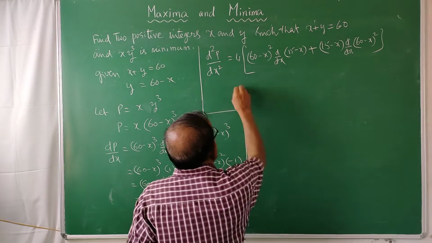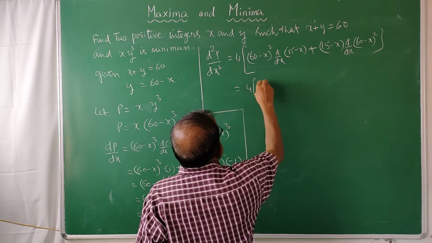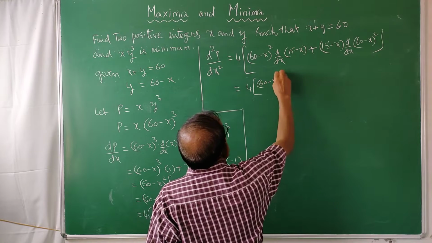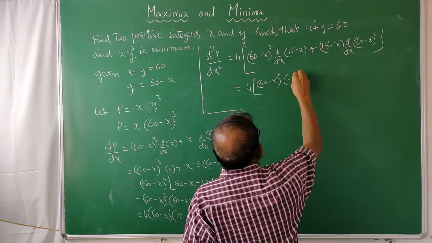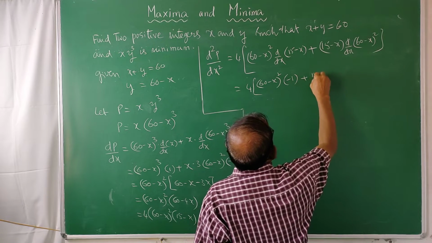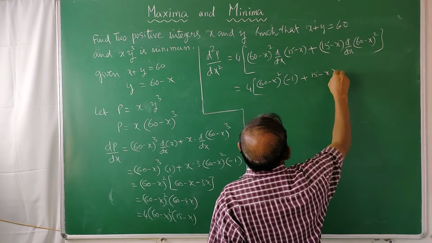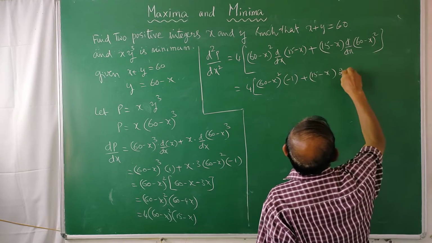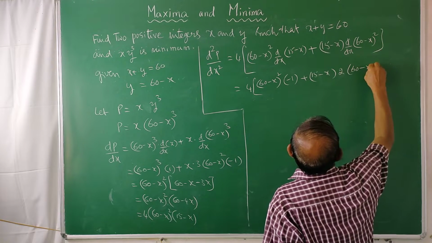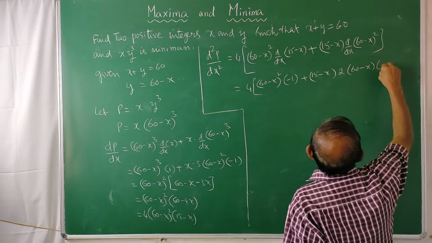This is equal to 4 into 60 minus x whole square into the derivative of 15 minus x, which is minus 1, plus 15 minus x into, by chain rule, 2 into 60 minus x into the derivative of 60 minus x, which is minus 1.